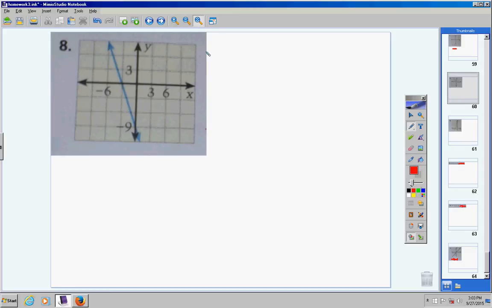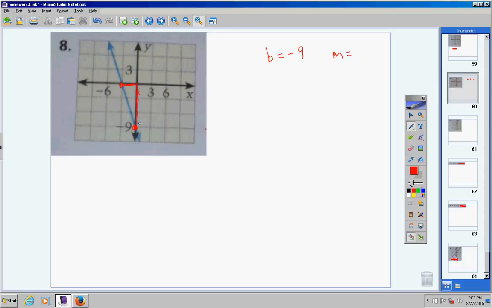And for 8, 10, 12, and 14, the directions say to write the linear equation or write the equation of the given line. So, right away I know my y-intercept. I see the line goes to the y-axis at -9. So right away I know my y-intercept is -9. Now let's find the slope very quickly. Here's a point. Here's a point. Now we can find the slope really quickly.